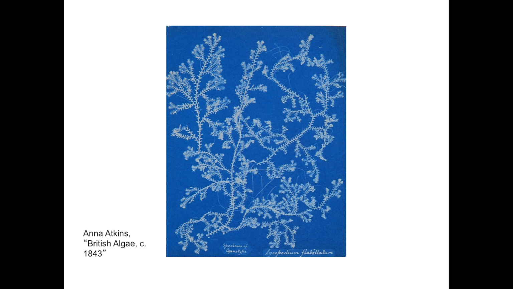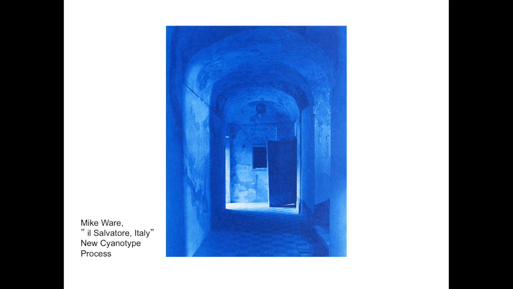My guess is she probably put a piece of glass on top to hold the whole thing flat. Exposed them to sunlight. The chemical reacts to the light, usually in just a couple of minutes on a good sunny day.